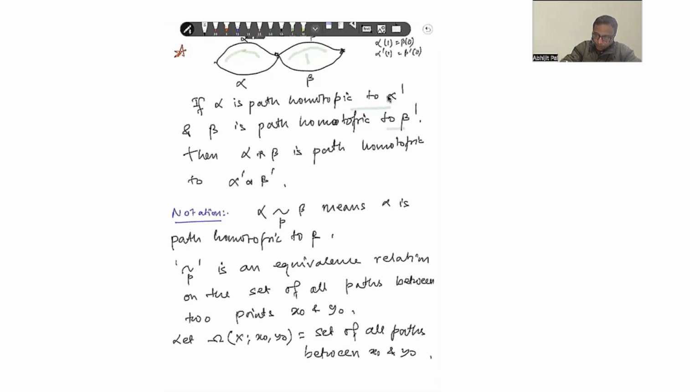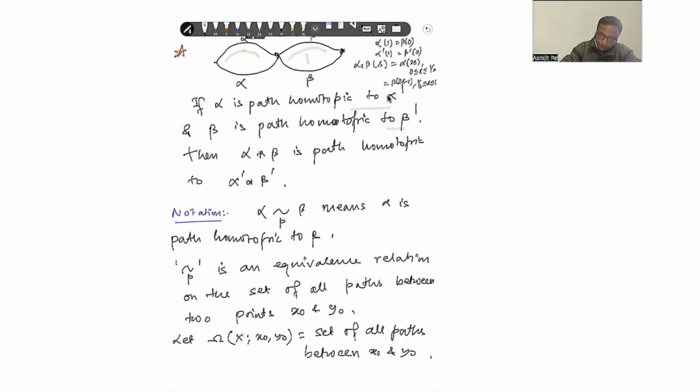So what is the meaning of this concatenation? I'm sure that you have seen this in the algebraic topology class. (alpha star beta)(s) is equal to alpha(2s) if s is lying in the interval [0, 1/2], and it is equal to beta(2s minus 1) if 1/2 is less than or equal to s less than or equal to 1.